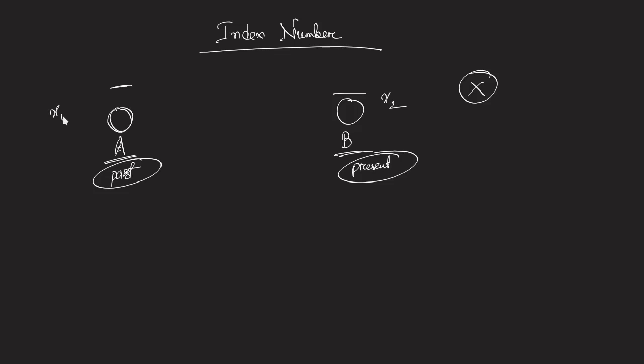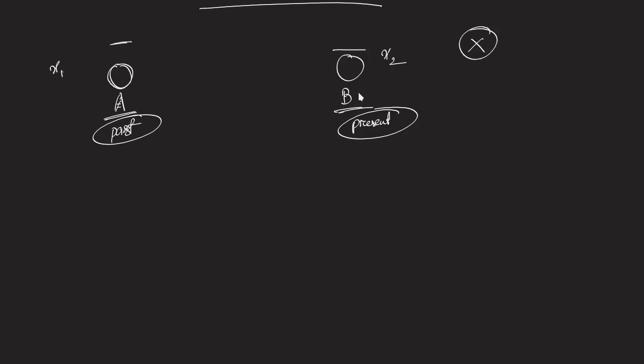So this x1 and x2, how much difference, how much relative change has happened, that is the term we use to calculate or to reflect the relative changes. Index number reflects the relative change for us, right?